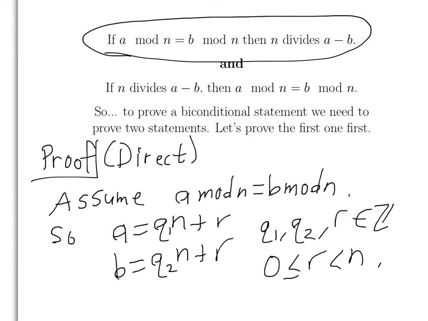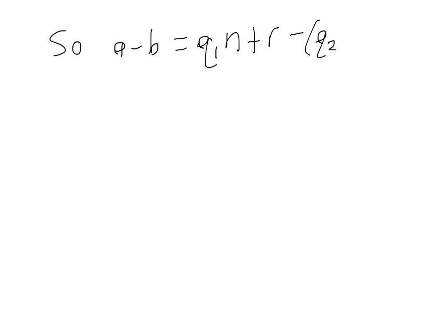All right, so now I'm going to look at the difference between those and observe that n divides that. So a minus b is going to equal q1 times n plus r minus q2 n plus r.